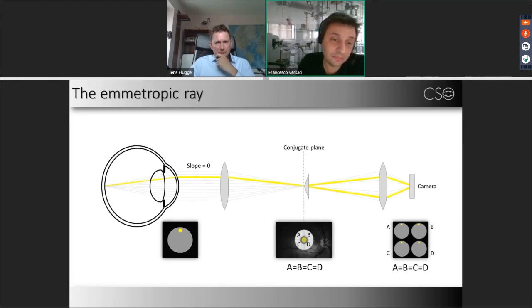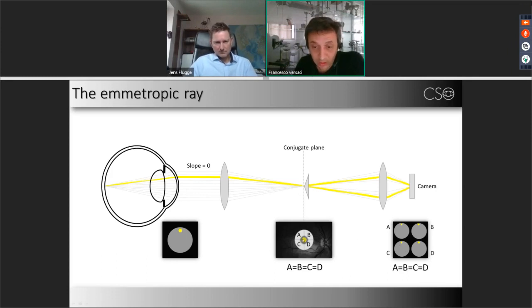If the ray is an emmetropic ray, so with slope equal to 0, by definition this ray is going to impact on the pyramid exactly in the middle, which means that the pyramid is going to split the energy in four equal parts, and when I image those four subpupils, the point corresponding to the pupil point that we are measuring is going to have the same energy in all four subpupils.